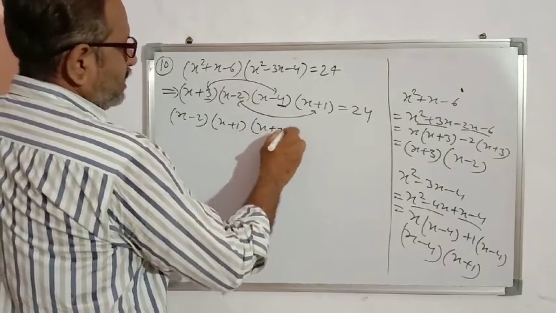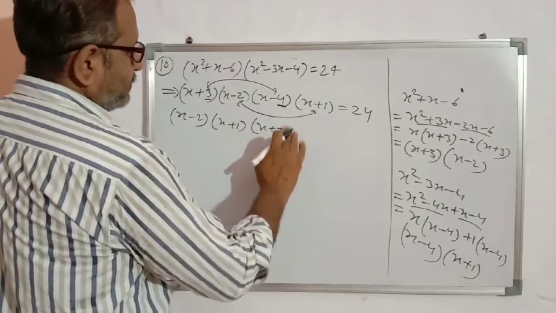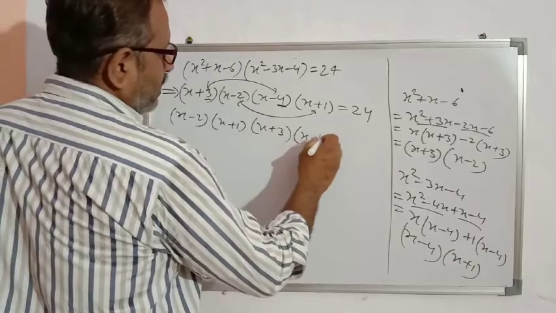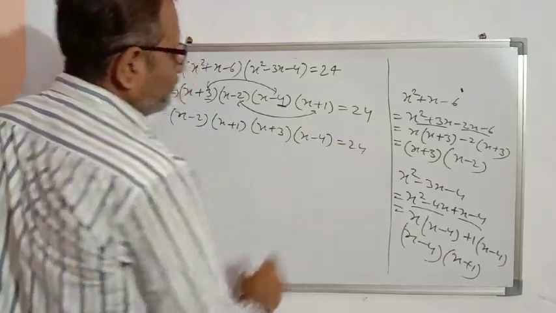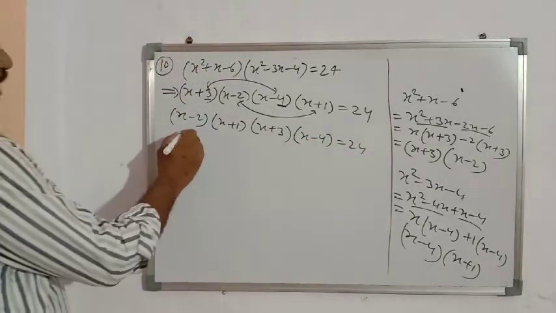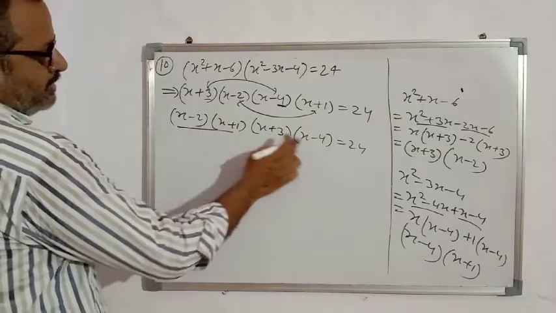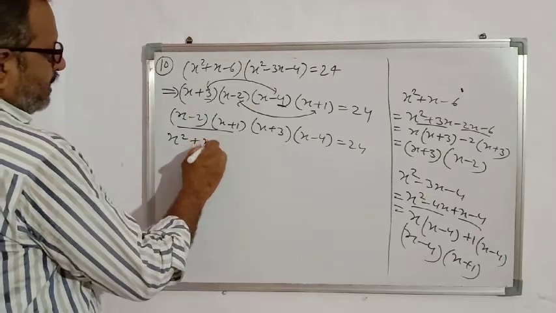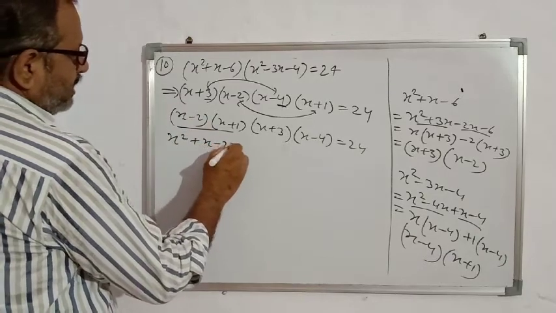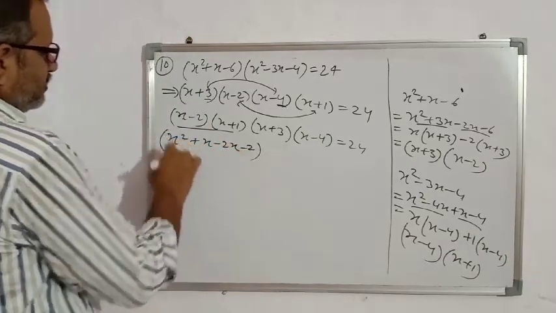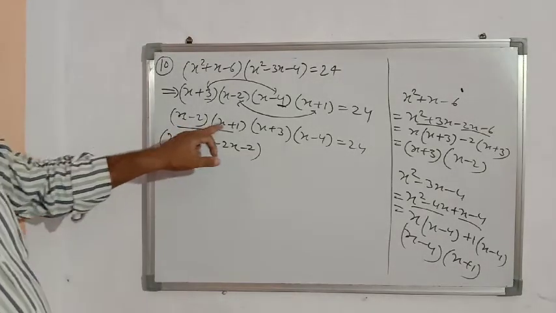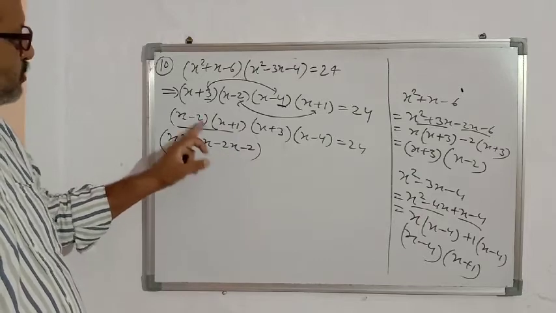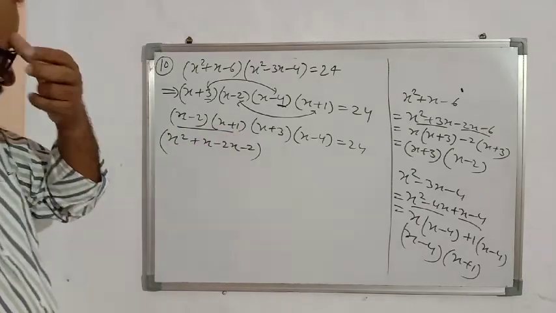(x + 3)(x − 4) = 24. Now multiply these two brackets and these two brackets. So x² + x − 2x − 2: x into x is x², x into 1 is x, −2 into x is −2x, −2 into +1 is −2.